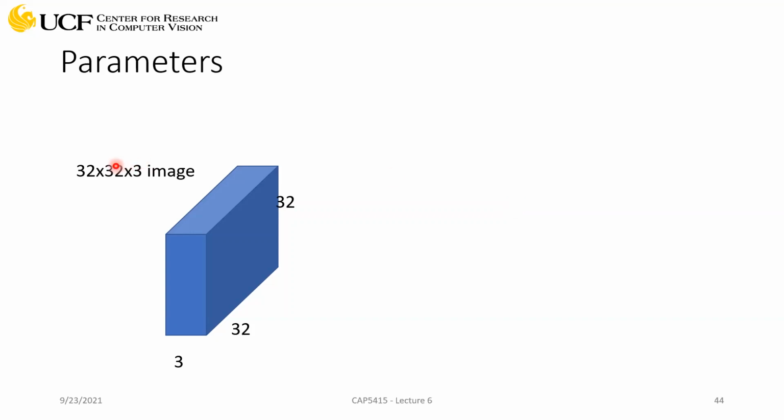When you have an input image, let's say 32 cross 32 cross 3, and you're using a 3 cross 3 cross 3 filter, as Rajat mentioned, you apply the same filter at all the locations, which means you just need these many parameters for this operation.